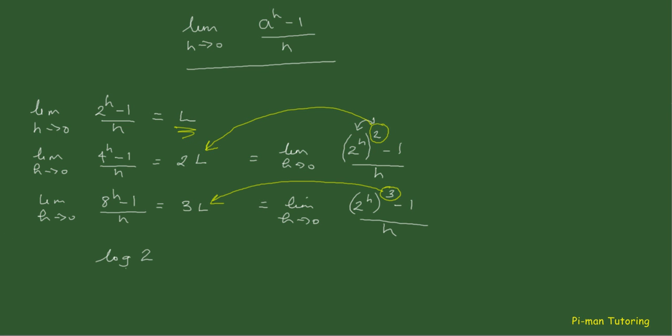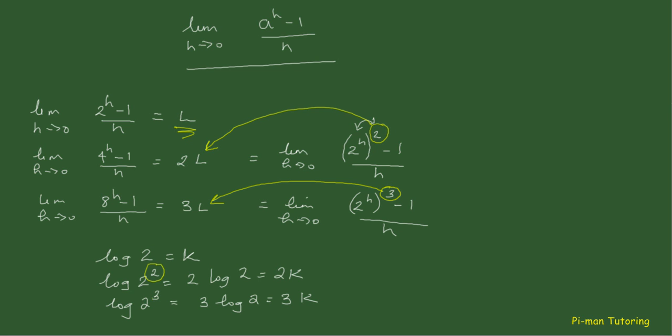Suppose the log of 2, don't worry about the base for now, let's assume it's base 10. The log in base 10 of 2, let's say that is equal to some number k. The log of 2 squared is 2 times the log of 2, which is 2k. And the log of 2 cubed is 3 times the log of 2, which is 3k. So here we see the same pattern.